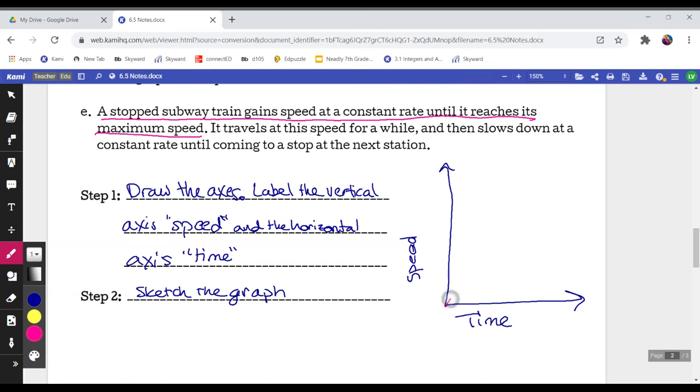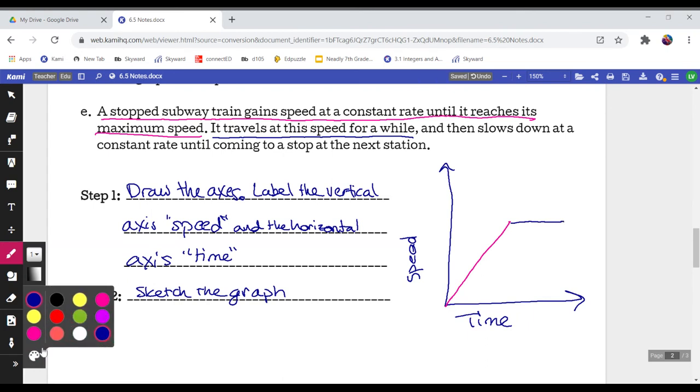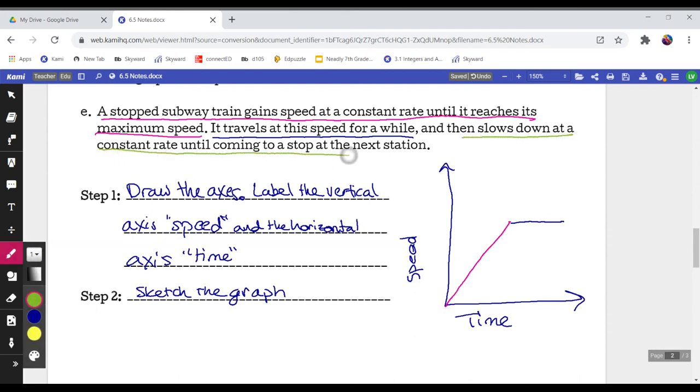So I'm going to show that in pink. Then it travels at a constant speed for a while. Then slows down at a constant rate until it comes to a stop at the next station.